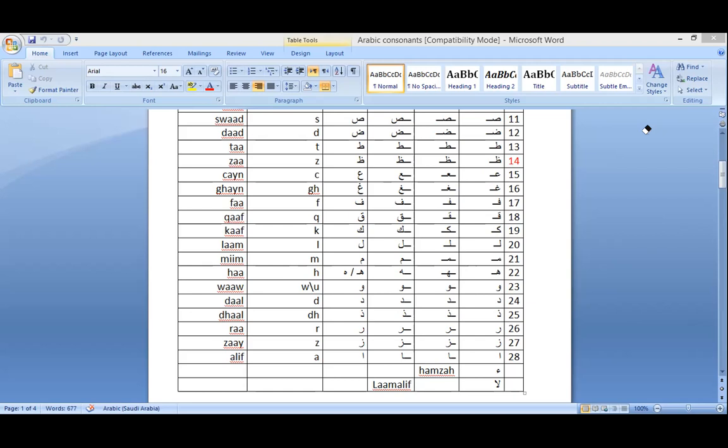Yes, use the Arabic alphabet letters to write your name. And let everyone practice, because everybody will write his name or her name on the screen.